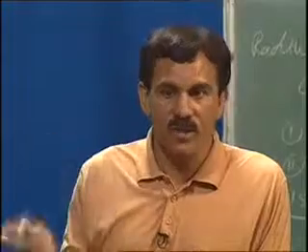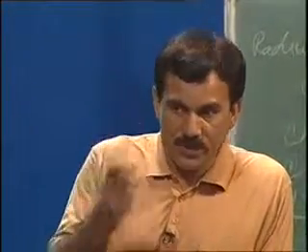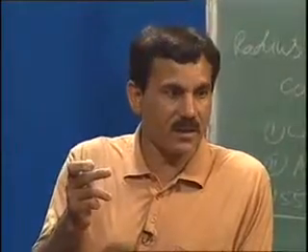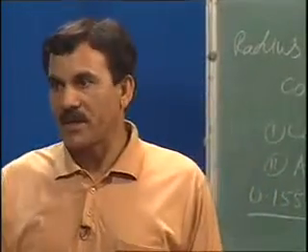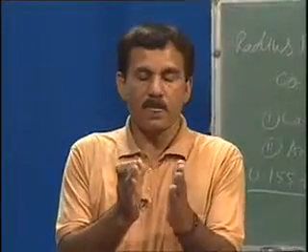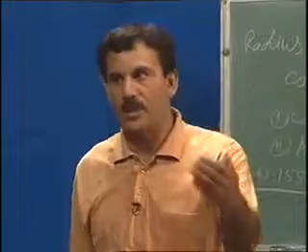So let's see what is coordination number. It is the number of spheres or particles touching a particular particle in any solid. Means how many particles are directly bonded to a particular particle.